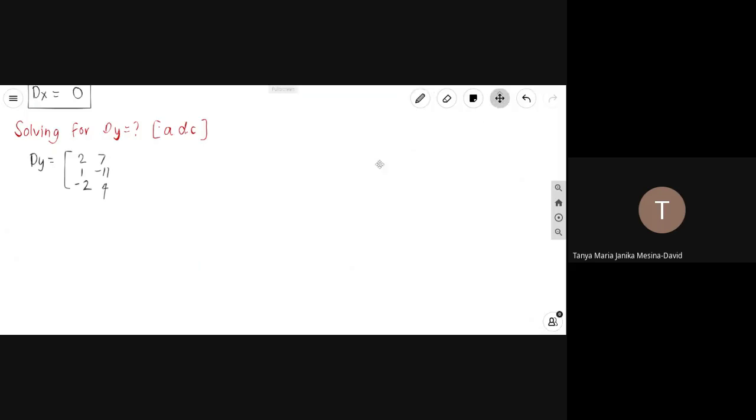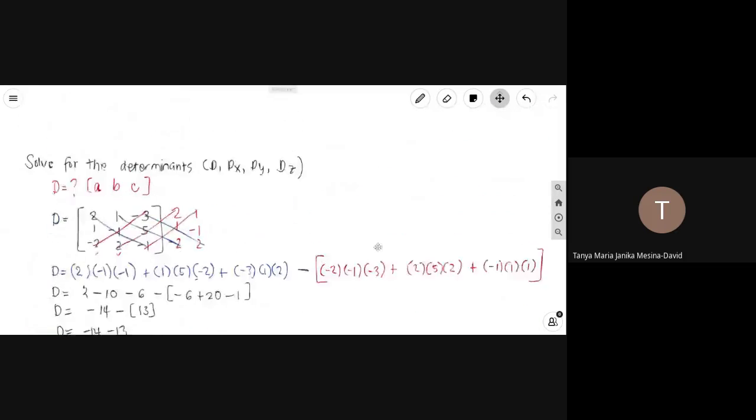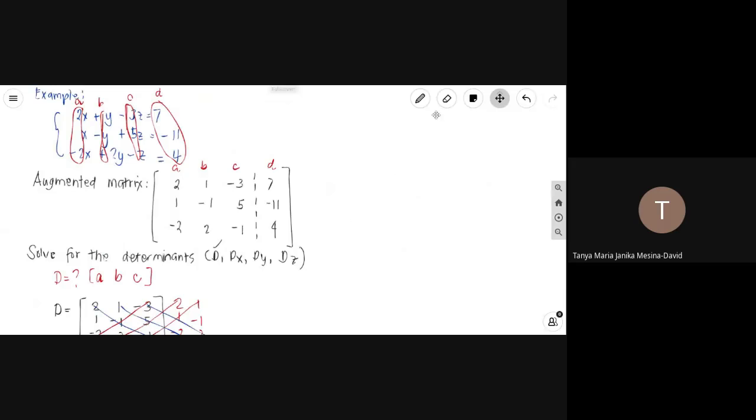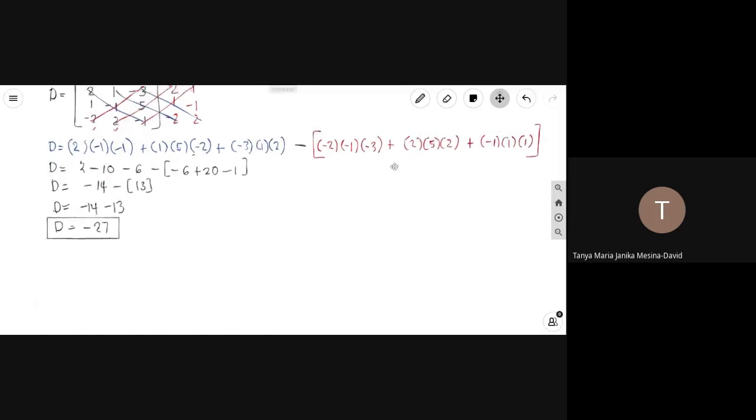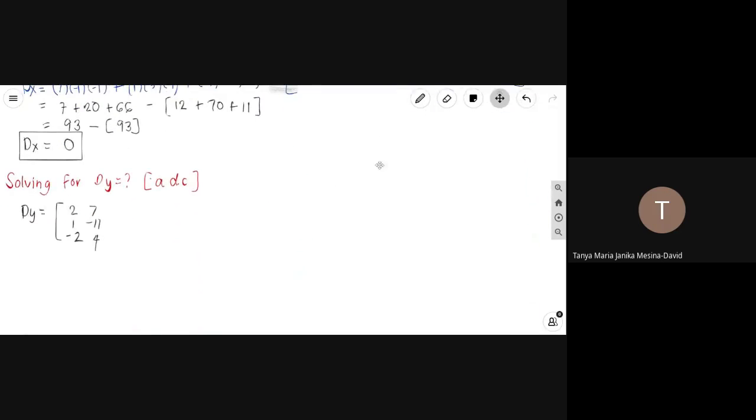And we have C, which is negative 3, 5, and negative 1. Again, we copy the first two columns. So we have 2, 1, negative 2, 7, negative 11, and 4.